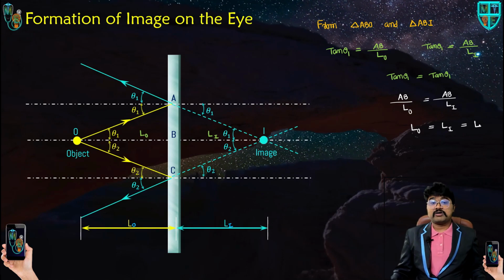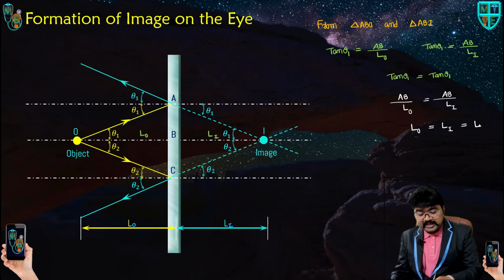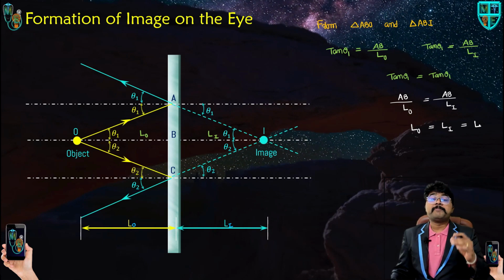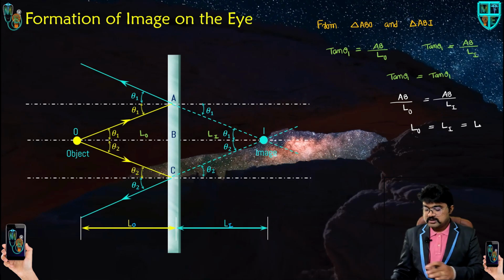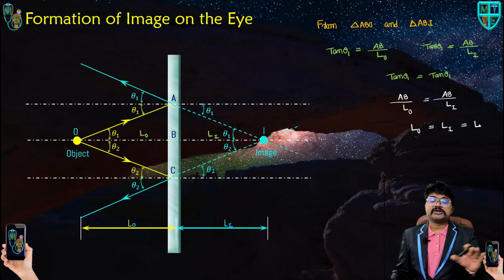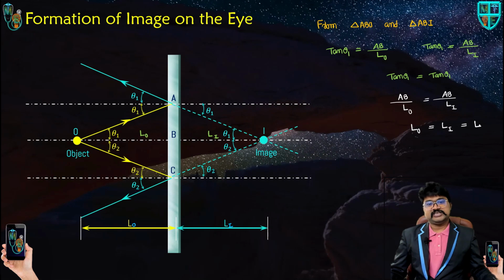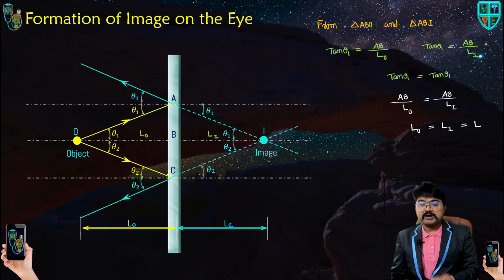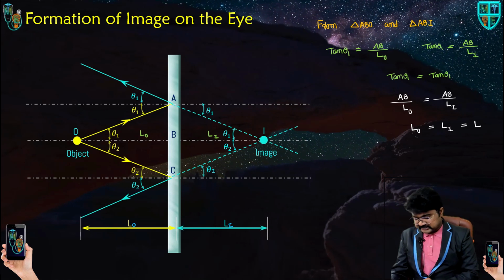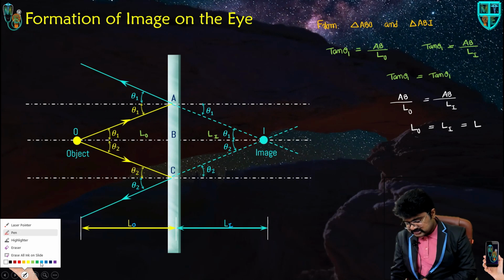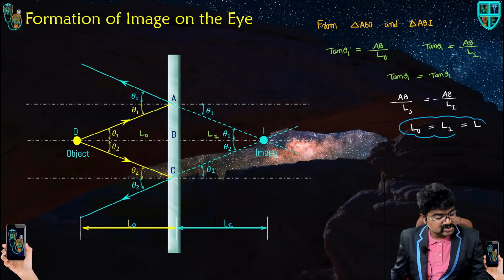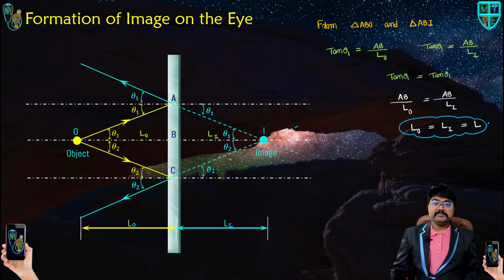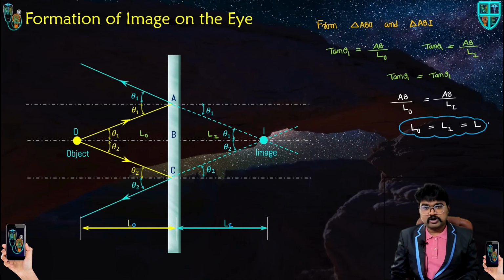Now we can say confidently, plane mirror is the perpendicular bisector of the line joining the point object and point image. Plane mirror is a perpendicular bisector of the line joining the point image and point object.